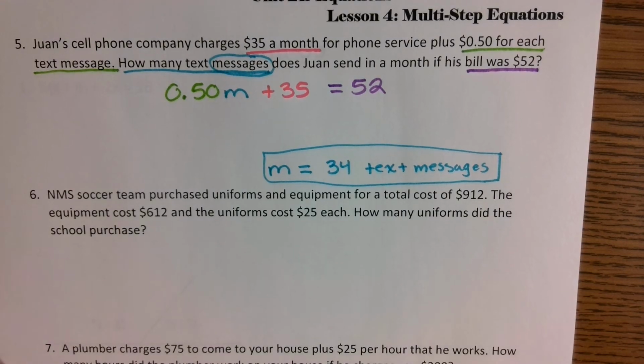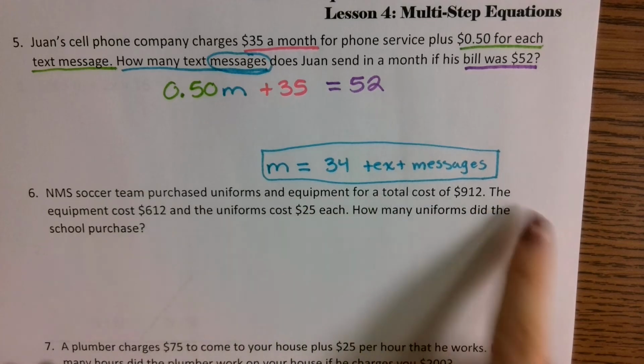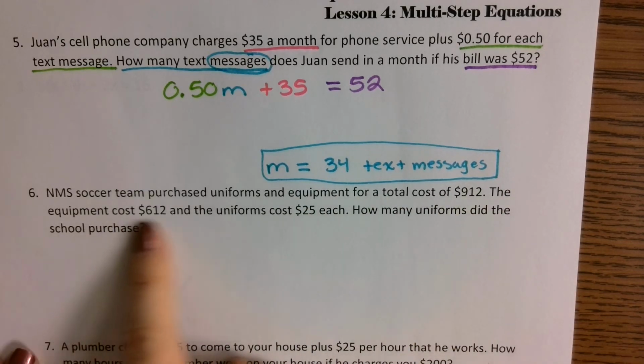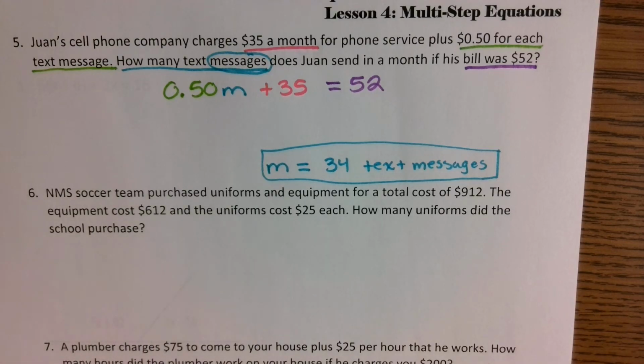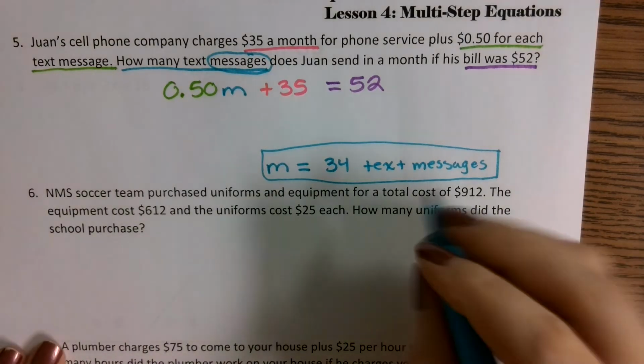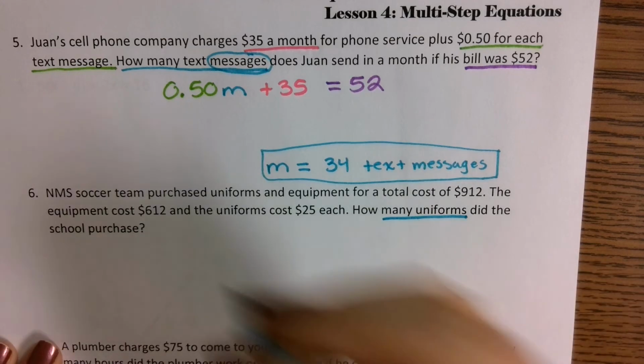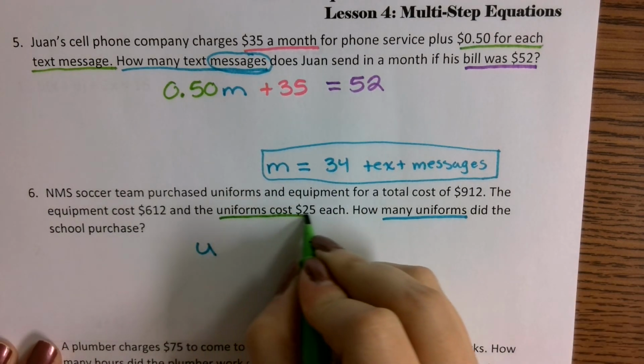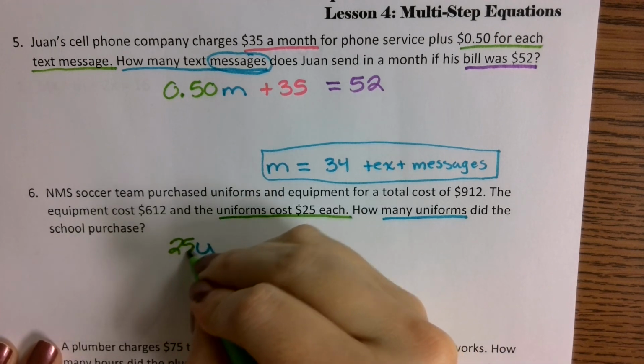All right, for number 6. Northbrook Middle School soccer team purchases uniforms and equipment for $912. The equipment is $612. Uniforms are $25 each. So how many uniforms? There's our variable, U. It costs $25 each for the uniforms, so 25U.